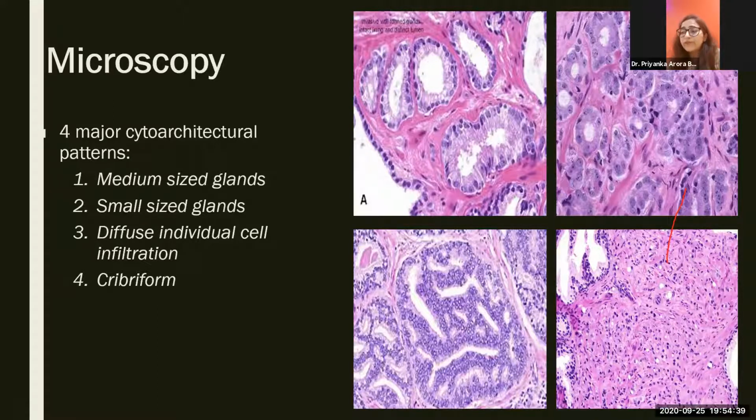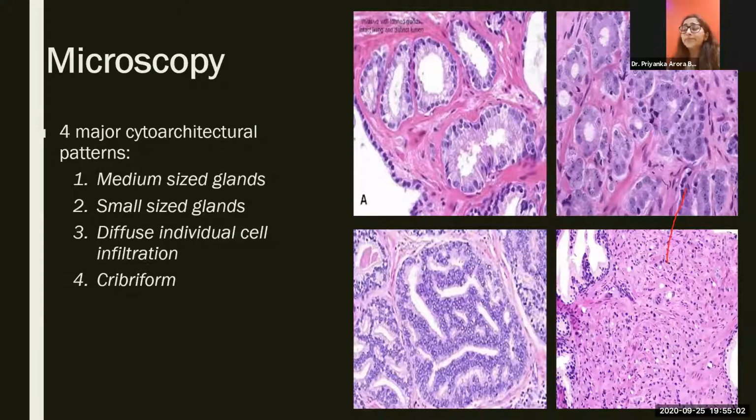If you're calling something a carcinoma, you have to give a Gleason score. And we will see in our next class, you can write down the question: in what cases of a prostate carcinoma is Gleason scoring not done? That is an important question for you all.